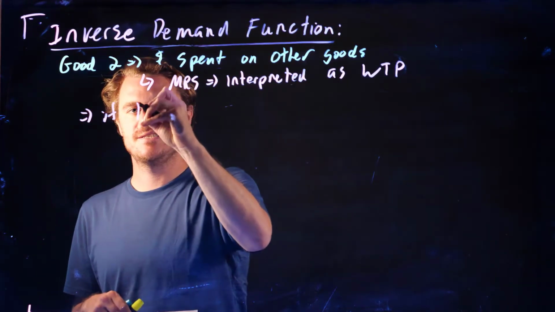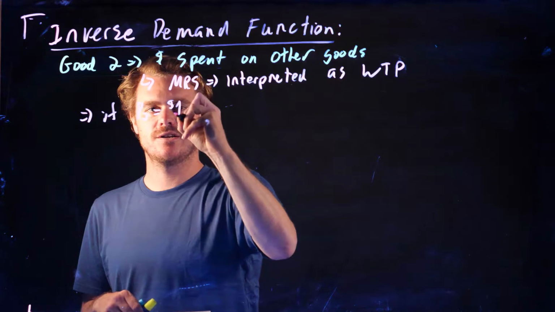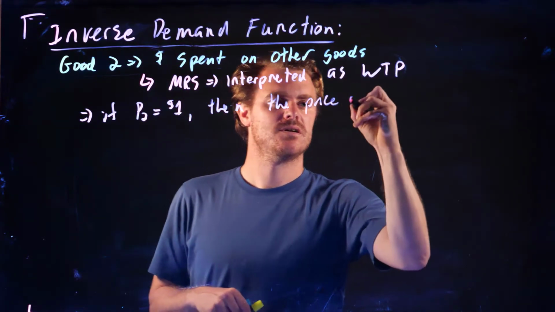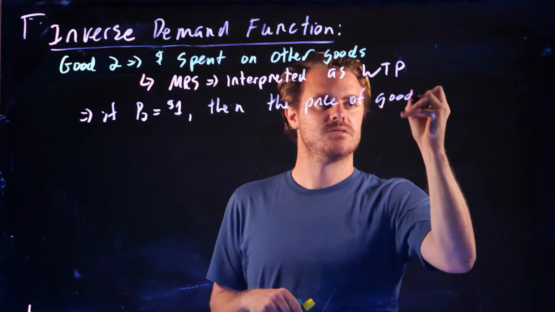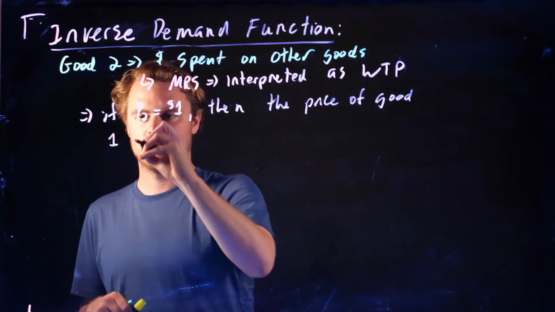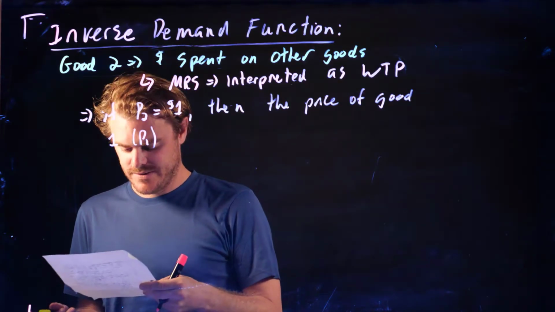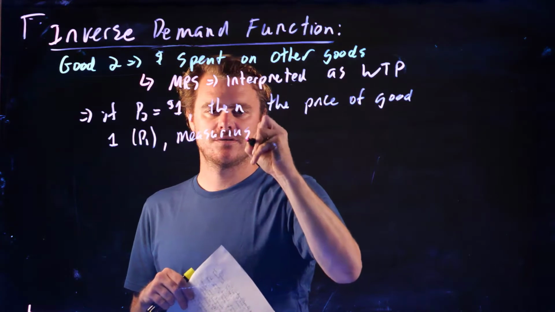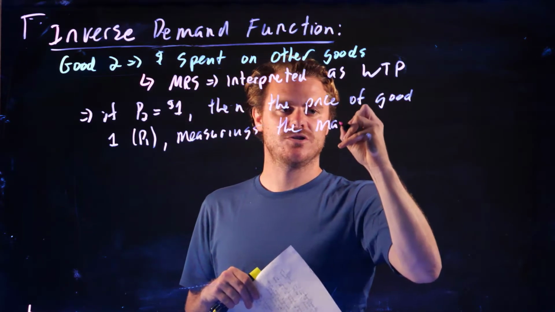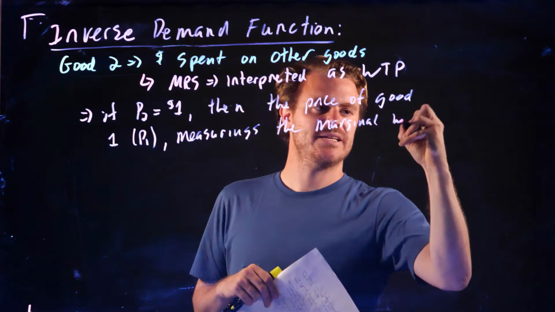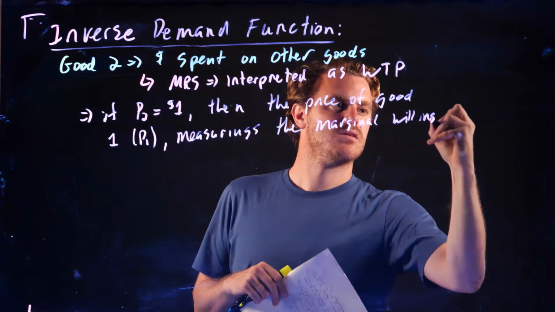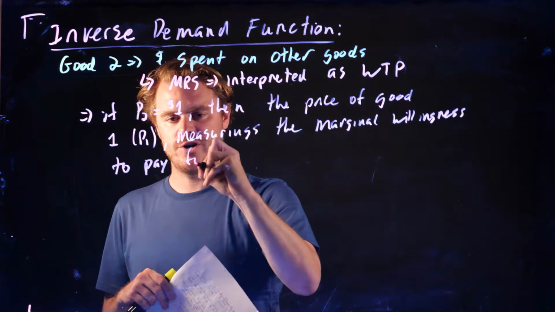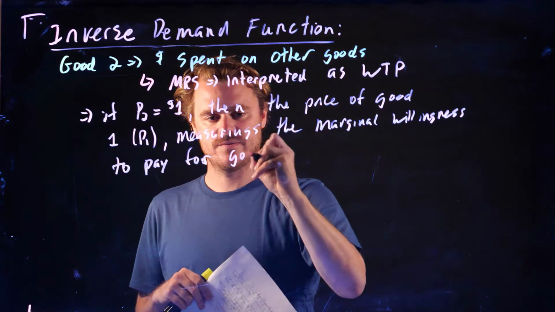So in this case, if P2 equals $1, then the price of good one, which we're labeling P1, measures the marginal willingness to pay for good one.